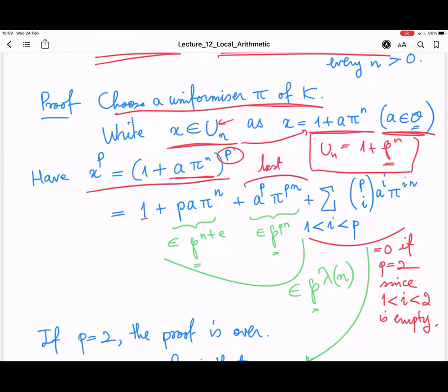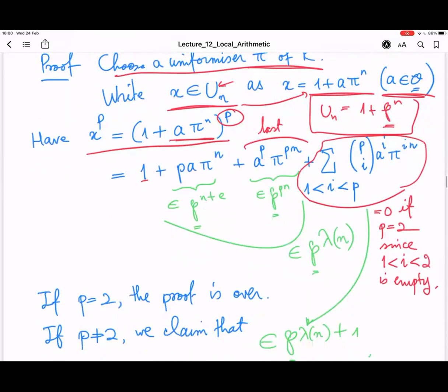And these are the remaining middle terms of the binomial expansion. Okay, now let me look at this term p a π to the n. What is the power of the maximal ideal to which p belongs? It belongs to P to the eth power. That's the definition of e.